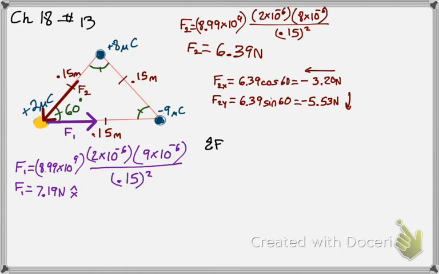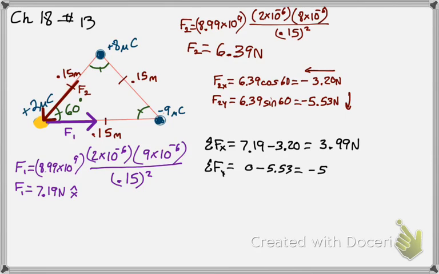We find the net force in the x direction by simply adding the x components, which is 7.19 newtons plus negative 3.20 newtons, which gives us 3.99 newtons. Then we find the net force in the y direction, which is 0, because F1 doesn't have any y component, plus negative 5.53, which gives us negative 5.53 newtons.